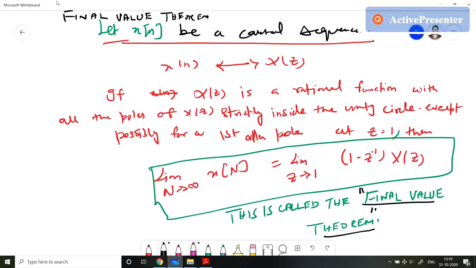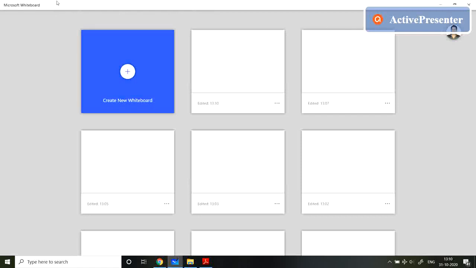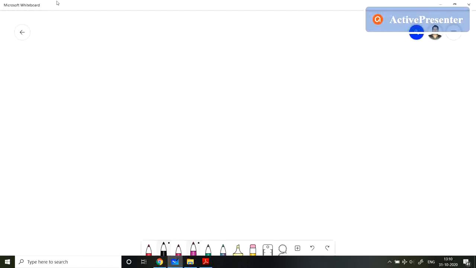So we can prove this theorem. How to prove this theorem? We consider x(n minus 1), and let us find out the z transform of this.